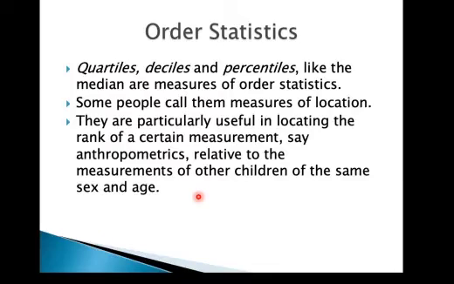If the child's weight is on the 5th percentile, meaning his weight is only higher than 5% of all children of the same sex and age, and lower than the majority, the 95% of children, then that child is malnourished, undernourished.